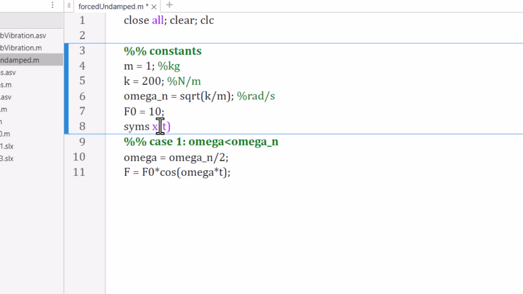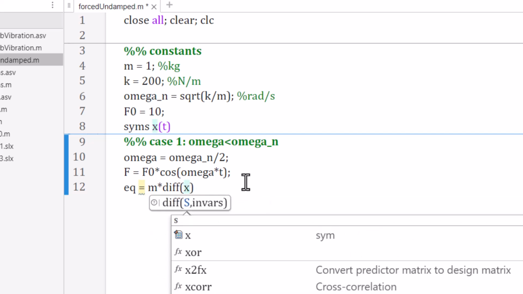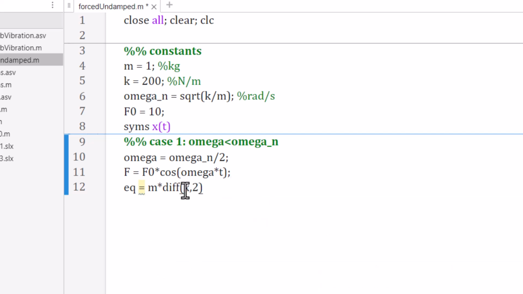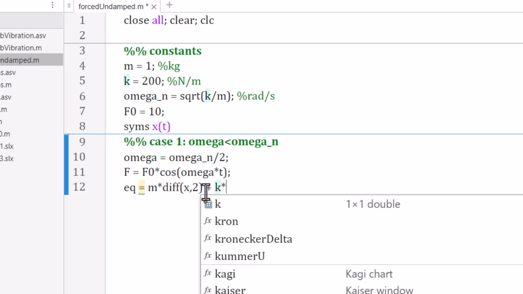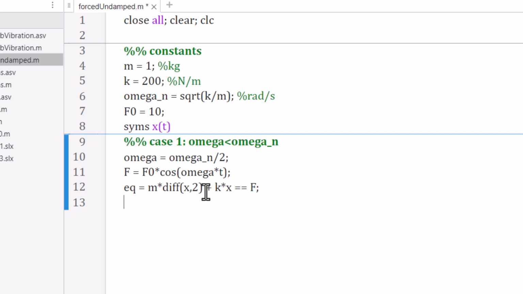So I don't need to define t separately. And now I have f. I can write the equation. So the equation is going to be m times x double dot, the second derivative of x, plus k times x is going to be equal to f. That is the equation.